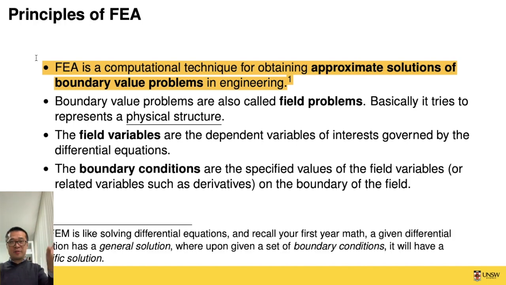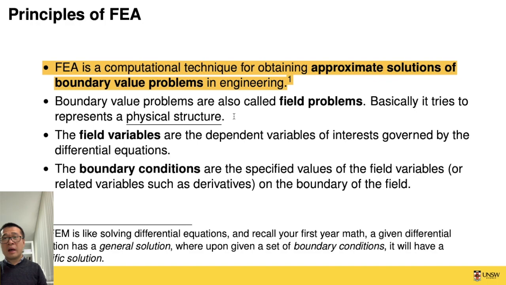Because this boundary is generally irregular, as we saw in the previous lecture, FEA is a way to help you break down this boundary of irregular shape. So this is what the first sentence means. It's basically solving a differential equation with boundary conditions that you cannot analytically handle, right?